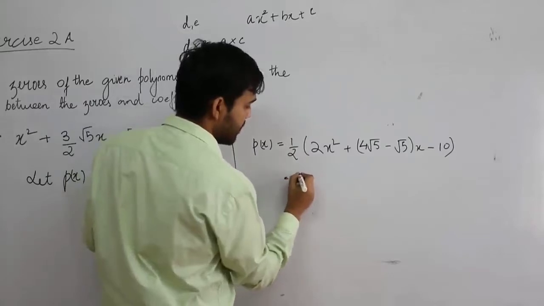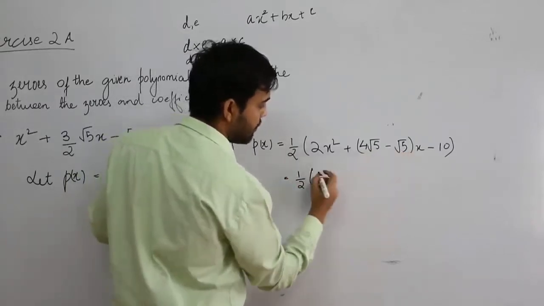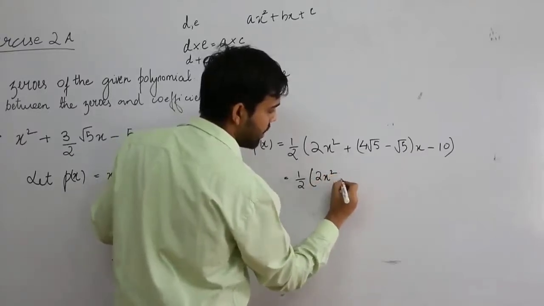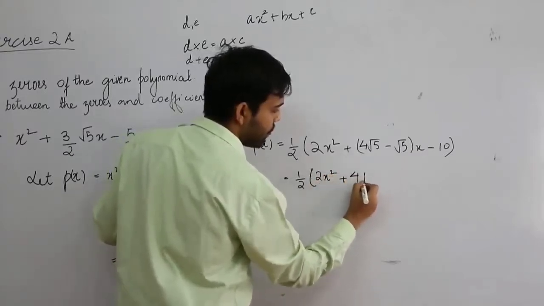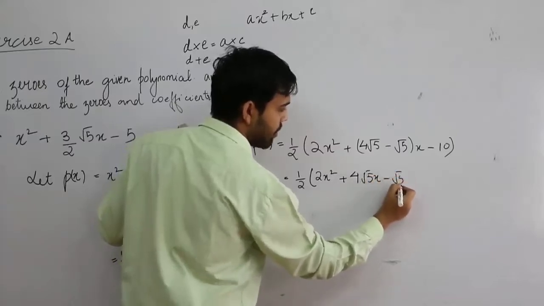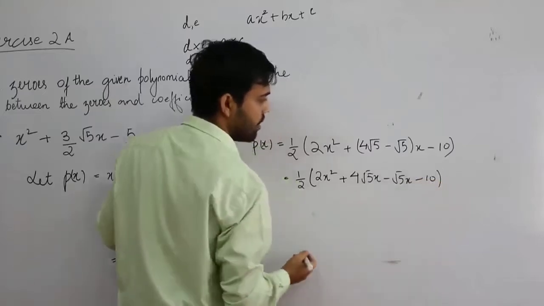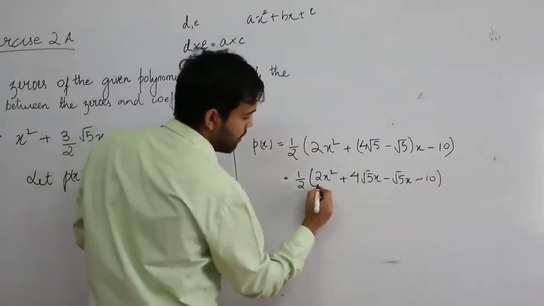So now I am taking common. First I will remove this bracket. So I have 2x squared plus 4 root 5 x minus root 5 x minus 10. Now I will take common between these two terms.